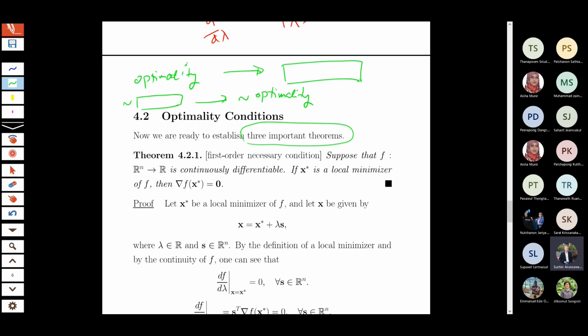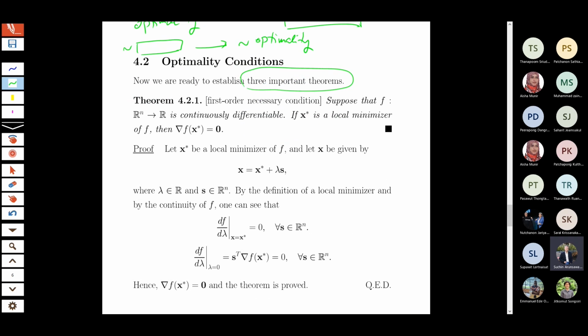This is why we call the condition in the box a necessary condition for optimality. So now we suppose that f is a real valued function of n variables, and the function f is continuously differentiable.